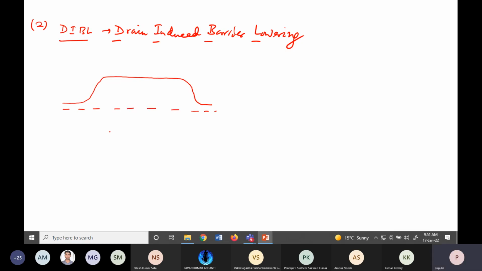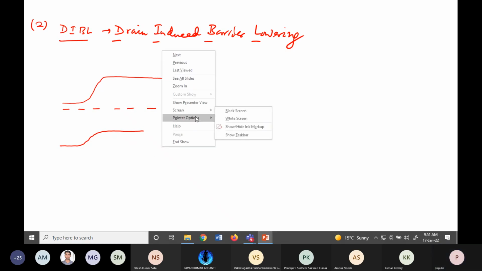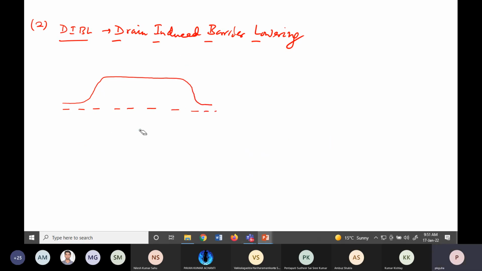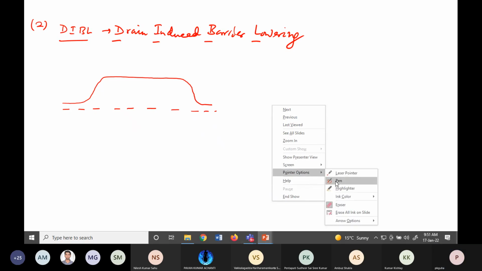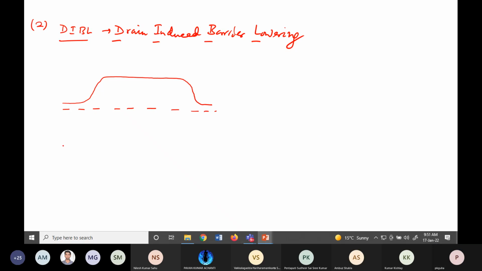Say this is my Fermi level. So this is my n plus source and drain. Okay, and this is my gate. This is the p-type substrate.